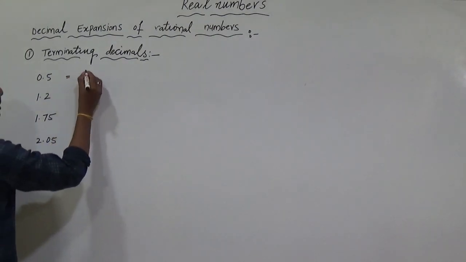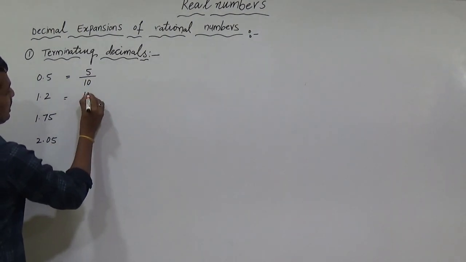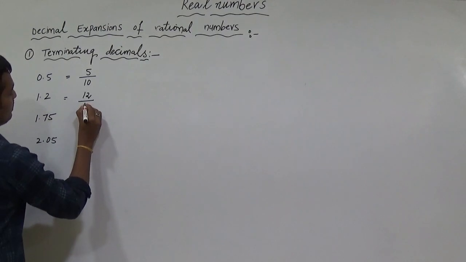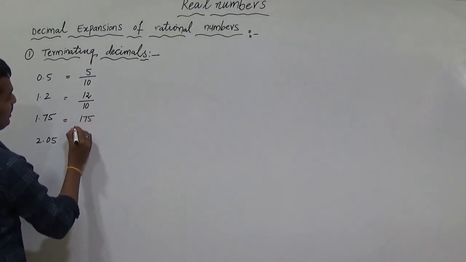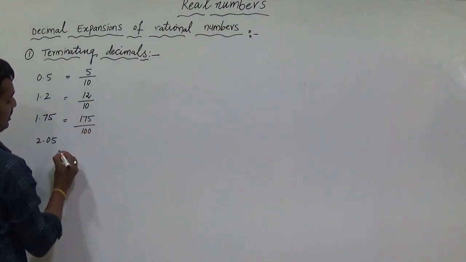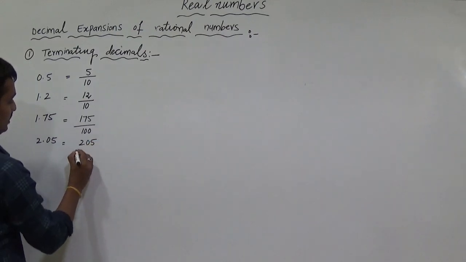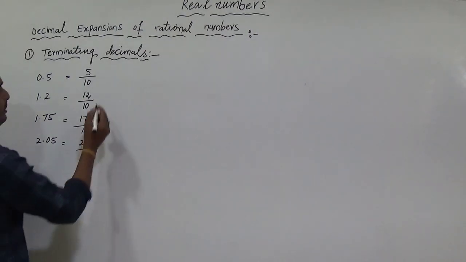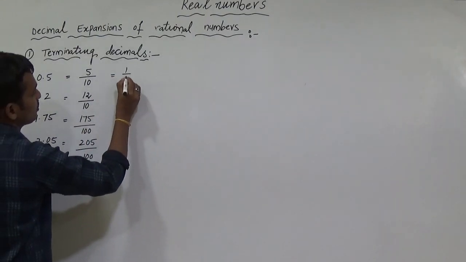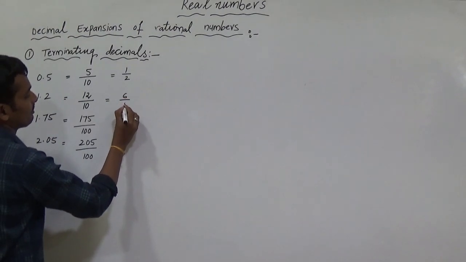I think you know that 5 by 10. Here 12 by 10. Here 175 by 100. And here it is 205 by 100. If there is any cancellation, we can do the cancellation. 5 by 10, 5 table cancel both, we are getting 1 by 2. Here 5 table cancel, 6 by 5.